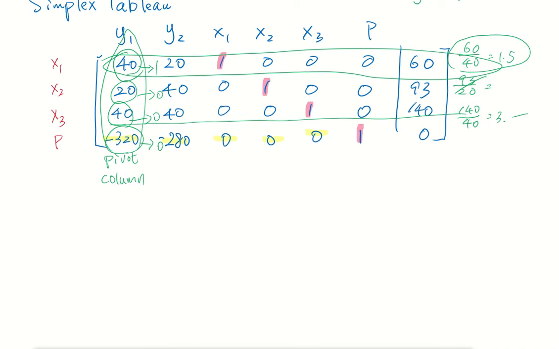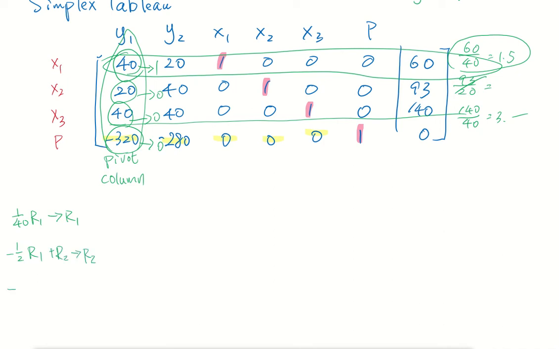I'm going to do these 4 operations at once. Okay, so for R1, I'm going to divide it by 40, make it the new R1. For R2, I'm going to multiply R1 by negative 1/2, and then add it to R2 and make it the new R2.